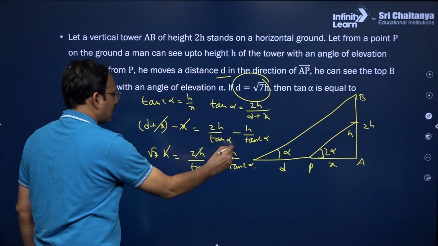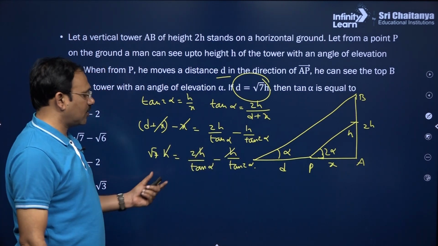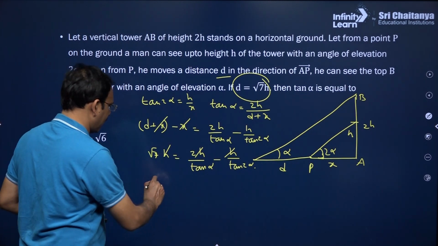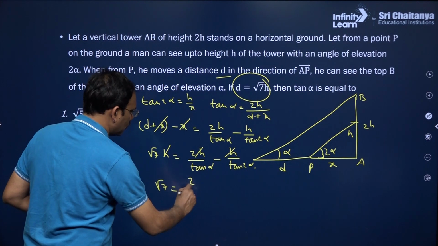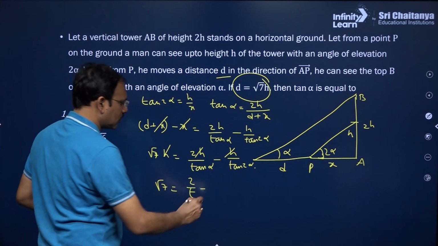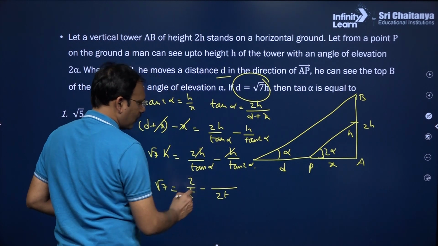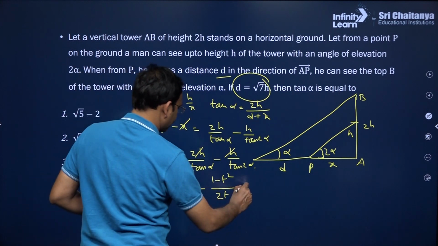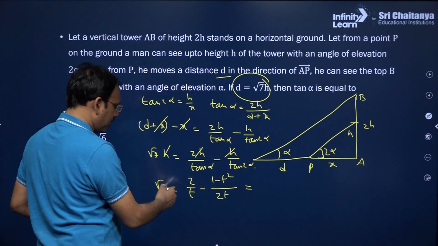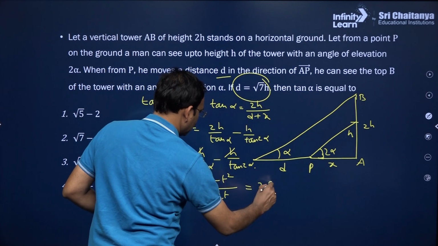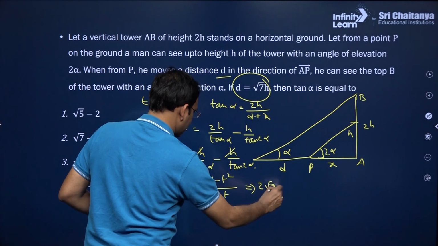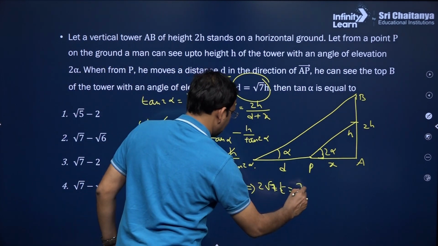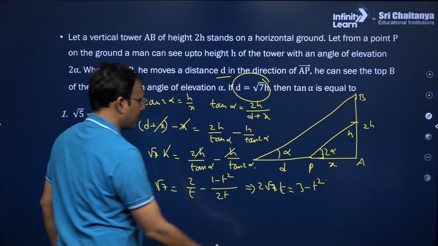So, h can be taken out in the entire equation. Now, we got a trigonometric equation in tan alpha. Better you take tan alpha as t, my dear friends. Root 7 is equal to 2 by t minus tan 2 alpha, which means 2 tan alpha by 1 minus tan square alpha. So, friends, you write it as 4 by t, so 2 root 7 into t is equal to 4 minus 1 is 3 minus t square, 3 plus t square in fact.